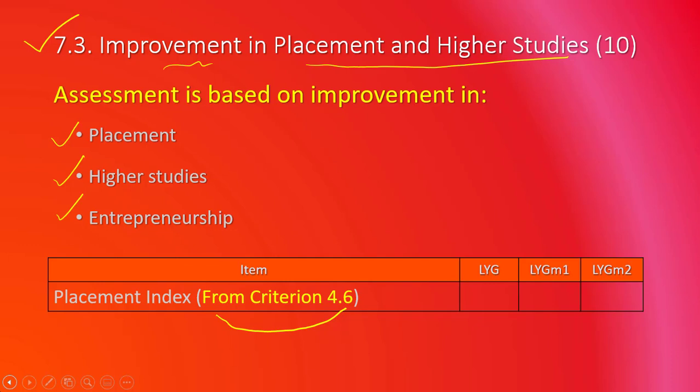Marks are awarded on the basis of improvement in placement number, improvement in placement quality, and improvement in placement in core industry, or also on the basis of pay package, etc. Admission in premier institute or higher studies, and the number of students turned entrepreneur.